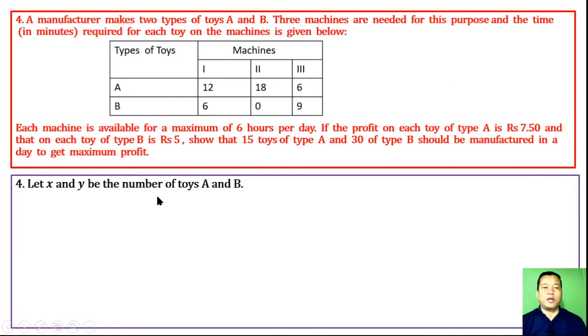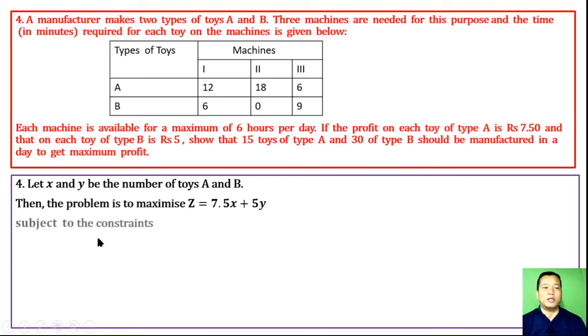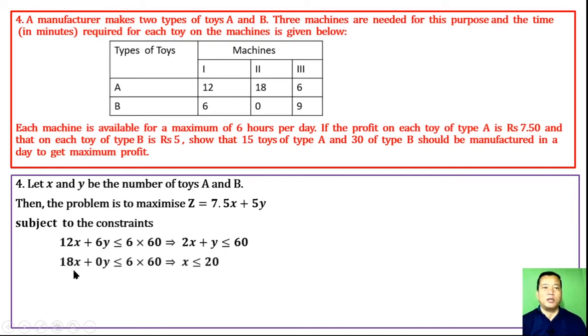Let x and y be the number of toys A and B. Then the problem is to maximize Z = 7.5x + 5y, subject to the constraints 12x + 6y less than or equal to 6 hours. Converting to minutes, 6 hours is 360 minutes, and we simplify. Similarly for machine 2, the processing gives 18x + 0y, and simplifying, x is less than or equal to 20.